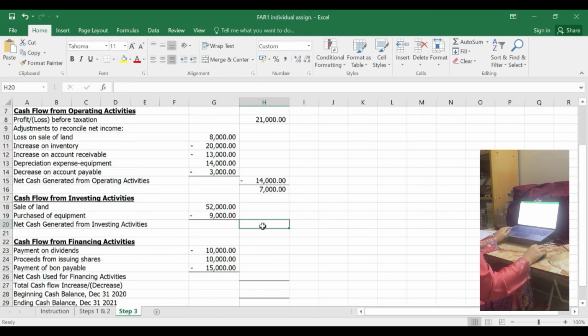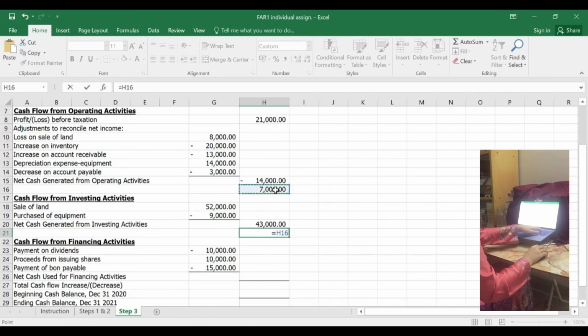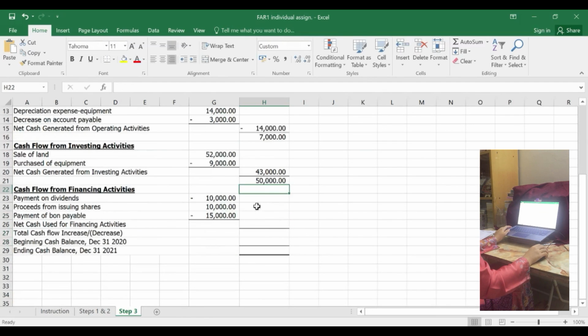Net cash generated from investing activity is 43,000, and we have to use the total that we get from the profit before taxation minus the net cash generated from operating activities, which is 7,000, and add on to the net cash generated for investing activities, and we get the total of 50,000.